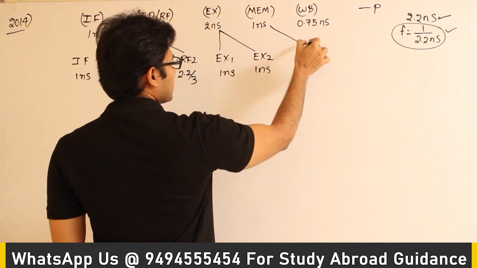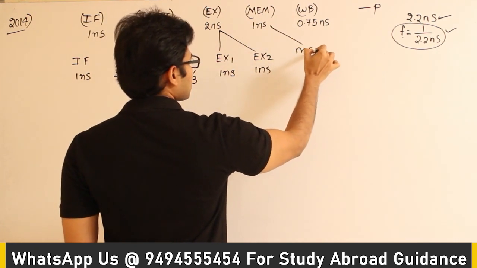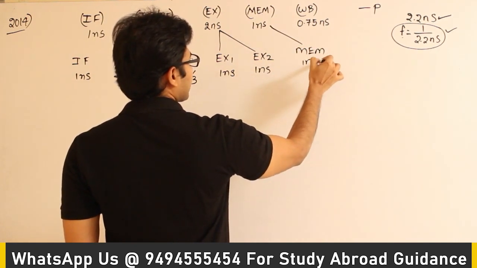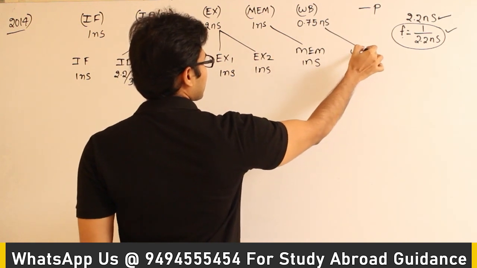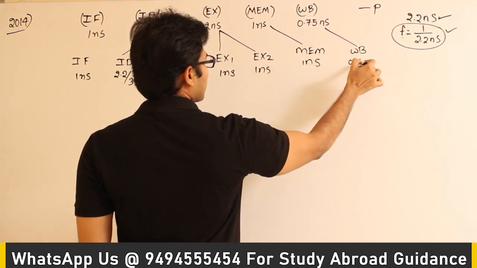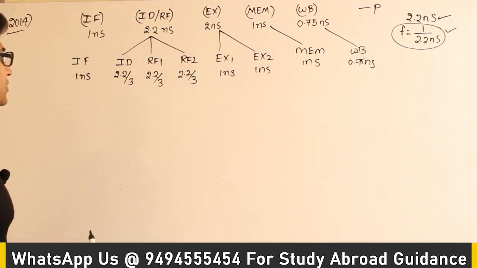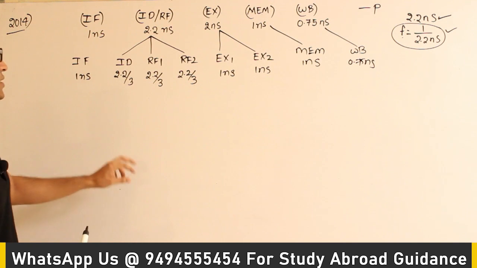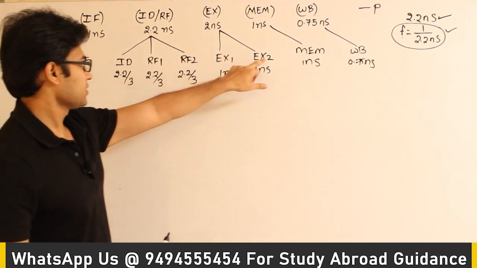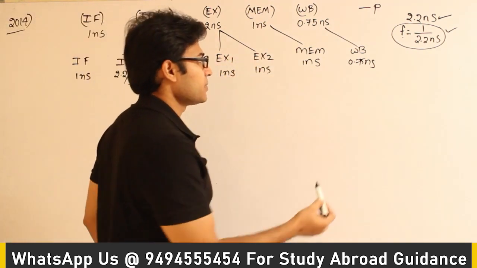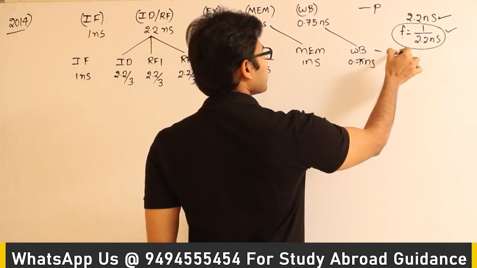Memory is left as it is, 1 nanosecond, and write back is 0.75 nanoseconds. So the 5-stage pipeline is now divided into an 8-stage pipeline: 1, 2, 3, 4, 5, 6, 7, 8. Now let's call it Q.